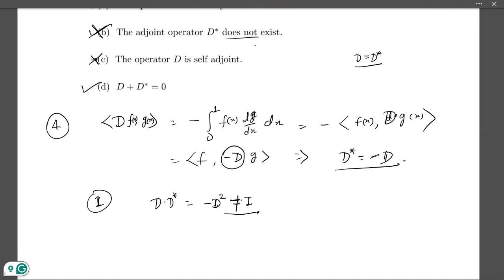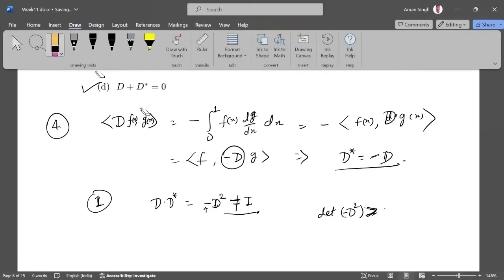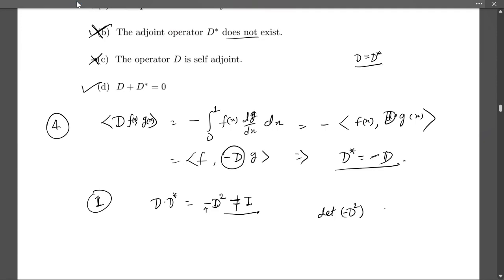This is never identity, because if you check the determinant of D square, or eigenvalue maybe, this is positive, strictly positive maybe. Sorry, negative. My fault. Because the determinant of D, if it exists anyway, should be negative: D into D becomes determinant positive, and because of this minus, the determinant becomes negative. Let me write less than zero, if it exists, I am saying.